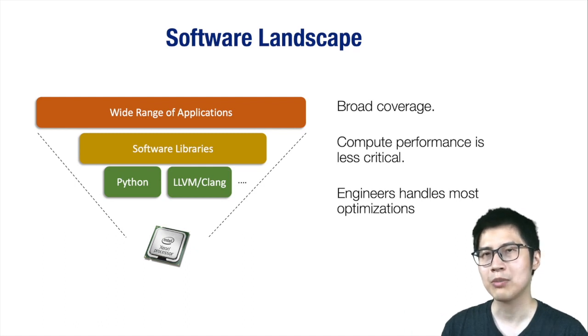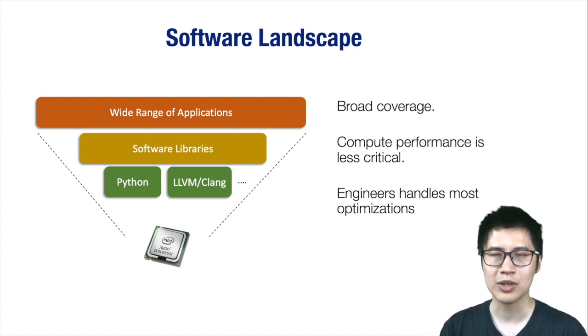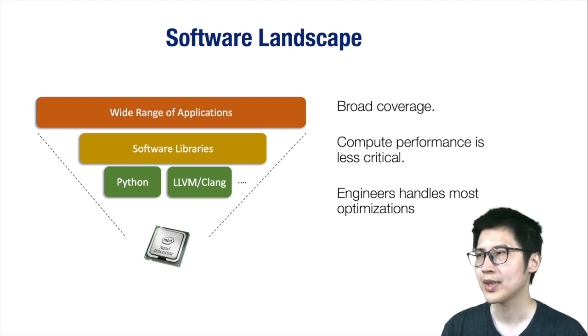Usually that's a general purpose computing device, like your laptop or your desktop. In this case, the software requires broad coverage, where engineers handle most of the performance optimizations, and compute is less critical. It's mainly about how we get as wide a variety of applications as possible for your laptop and for your web experiences.